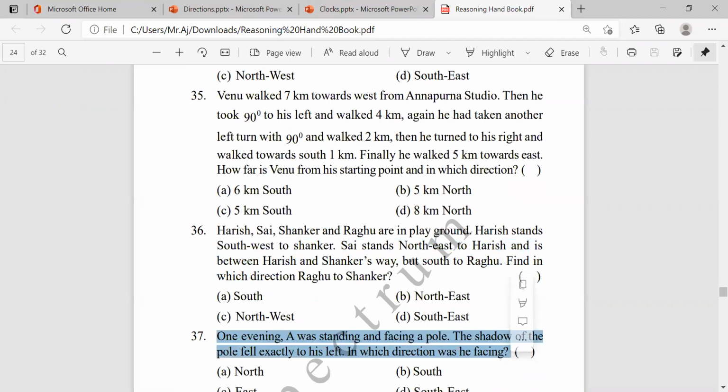One evening, A was standing and facing a pole. The shadow of the pole fell exactly to his left. In which direction was he facing? So shadows are also a very important thing in directions. We know this direction will be like this.